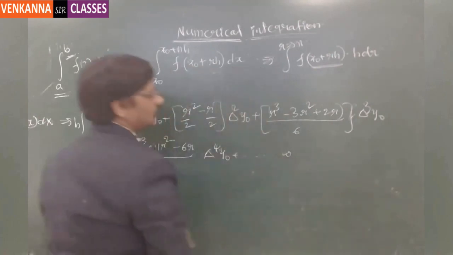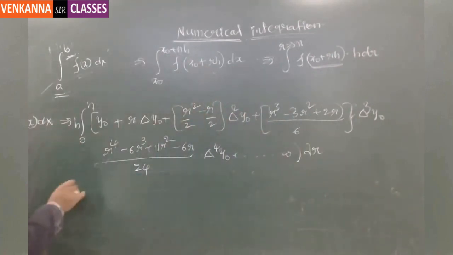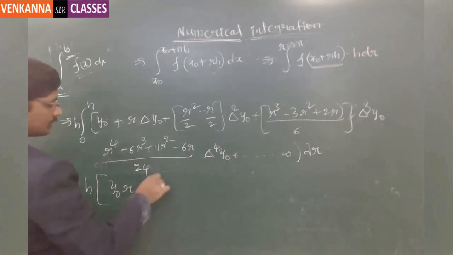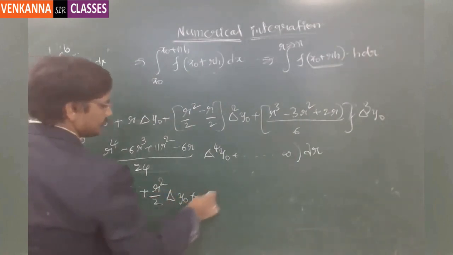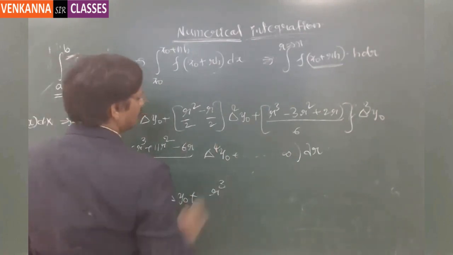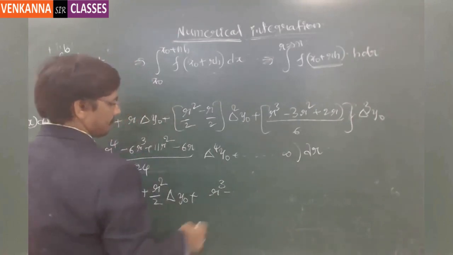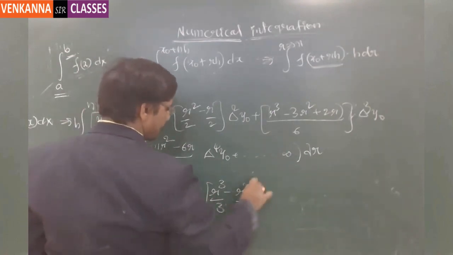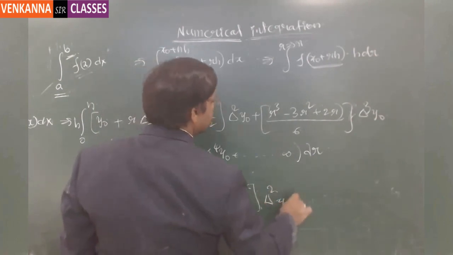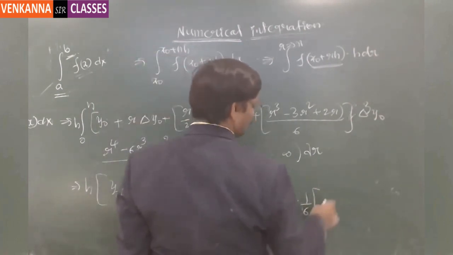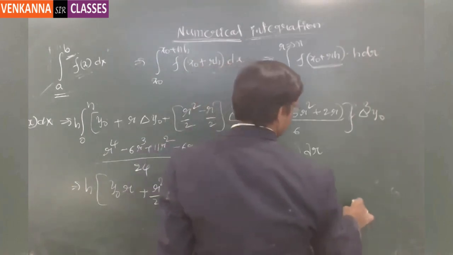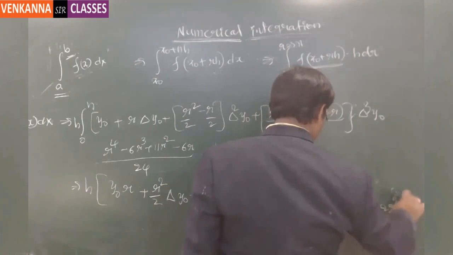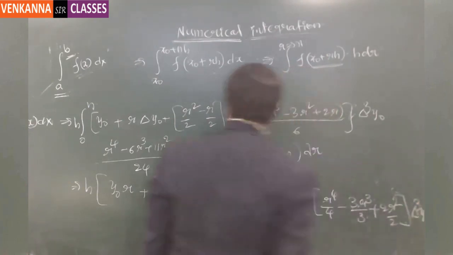So this value we need to integrate with respect to dr. So this is h multiplied by y naught into r plus r square by 2 into delta y naught plus r cube by 3 minus r square by 2 into delta square y naught plus 1 by 6 times of r power 4 by 4 minus 3r cube by 3 plus 2r square by 2 into delta cube y naught. I will ignore the next term.